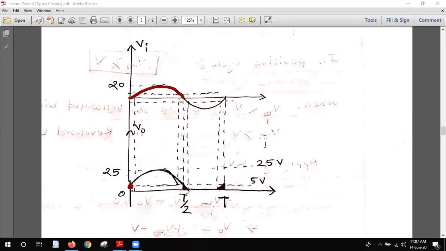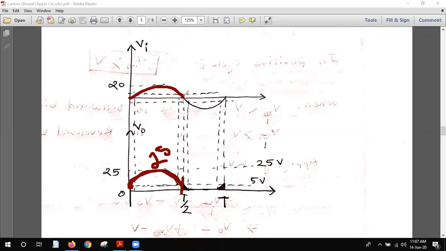This is the positive cycle output. But now the peak value is not 20 volt. We have already found it is 25 volt. The peak value is 25 volt, and it does not finish at 0. It finishes at 5 volt.